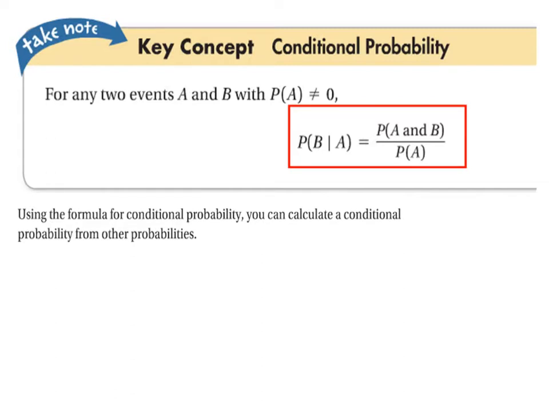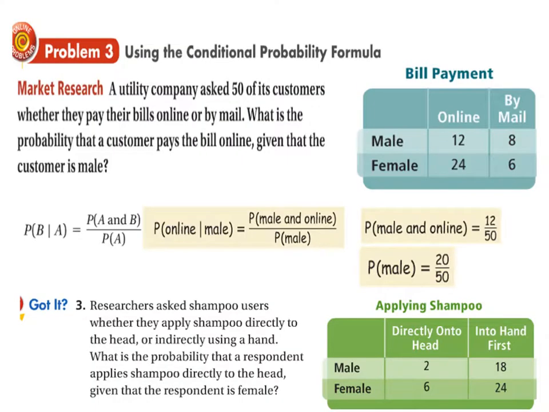This is a formula you are going to want to be familiar with, so write it down a few times so that you have it handy. In the numerator, it does not make a difference if you think of that as the probability of B and A or A and B. They're the same thing. But whatever the condition is, that's the probability in the denominator. That can help you remember it.